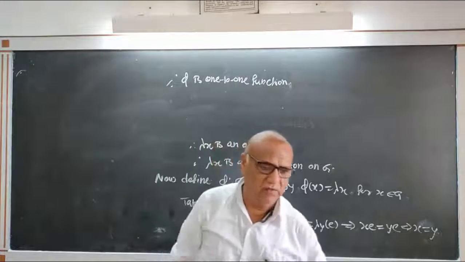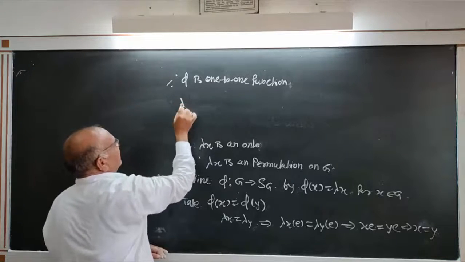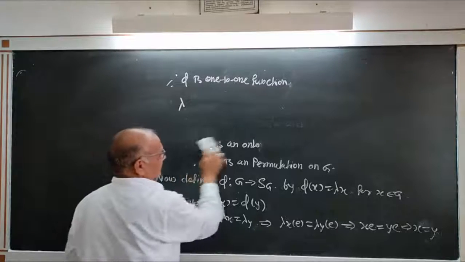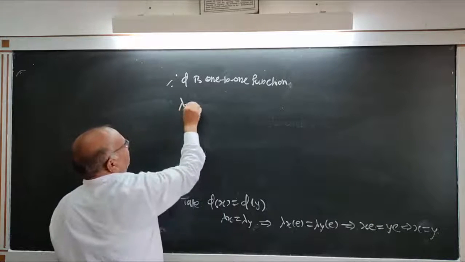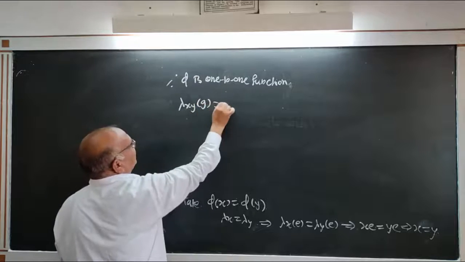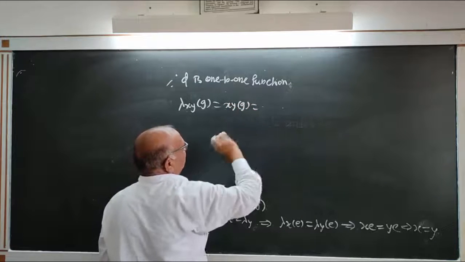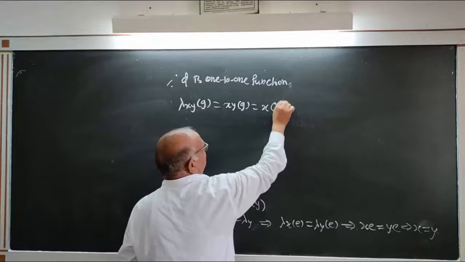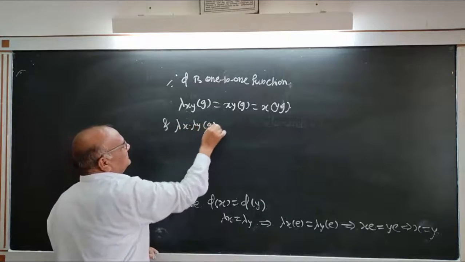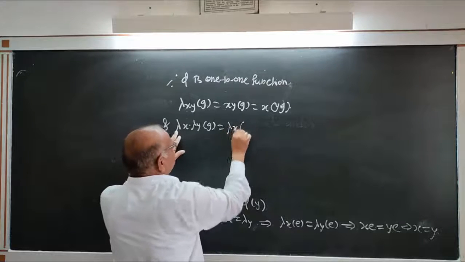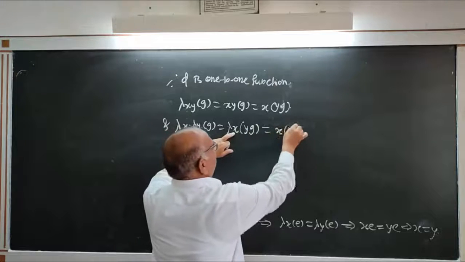Now, to show the homomorphic condition, lambda_xy of g is equal to xyg, and lambda_x lambda_y of g is equal to x times yg.